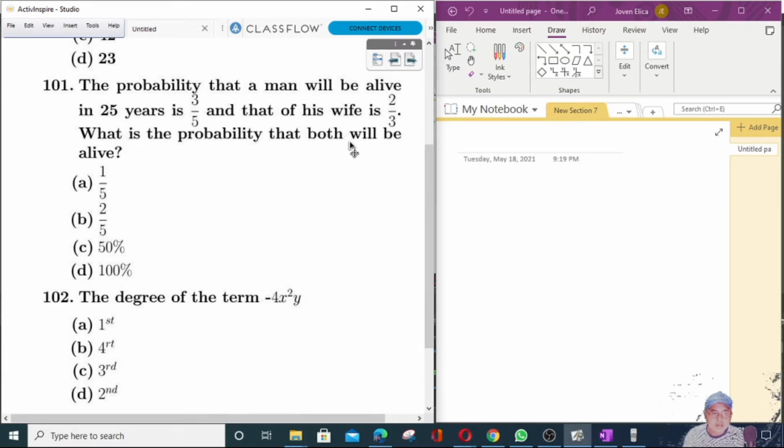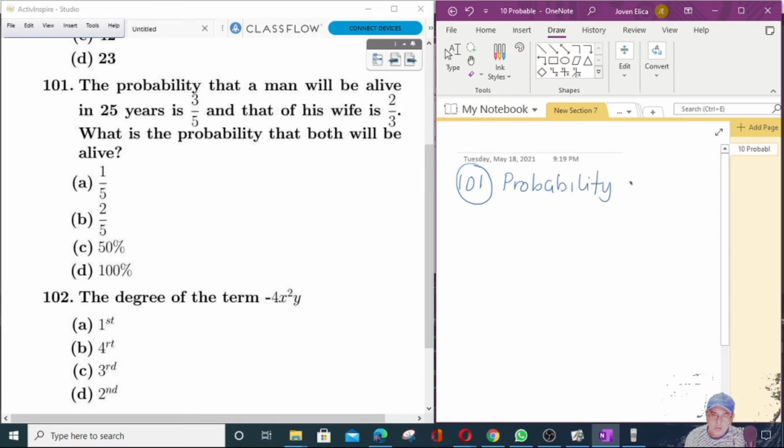After identifying that this is an independent event, we know that we can apply the multiplication rule.